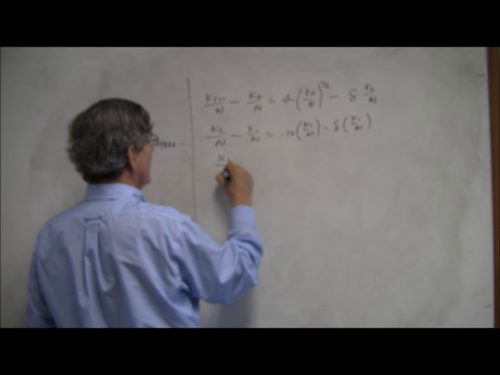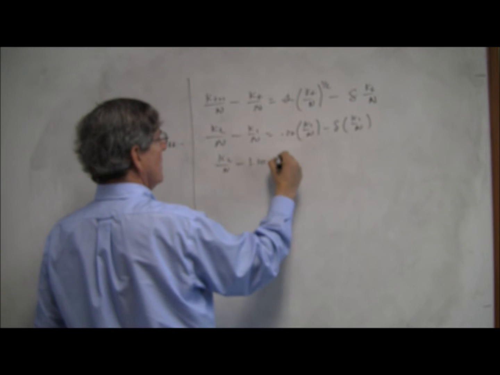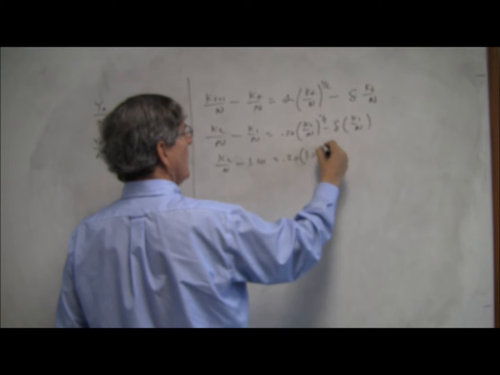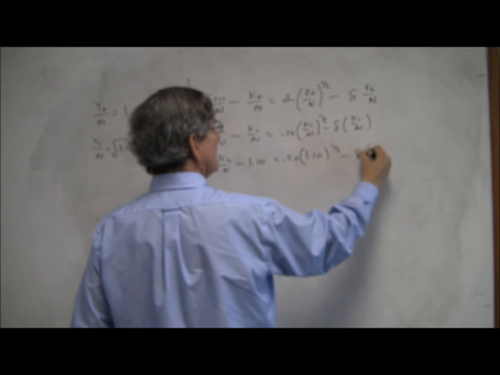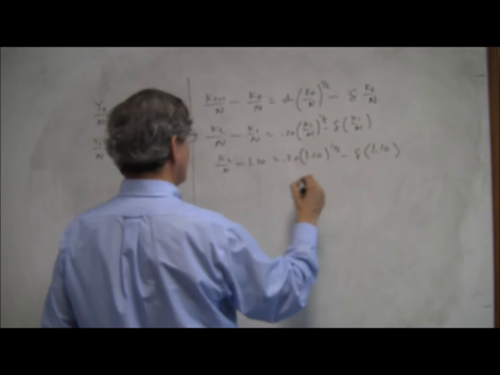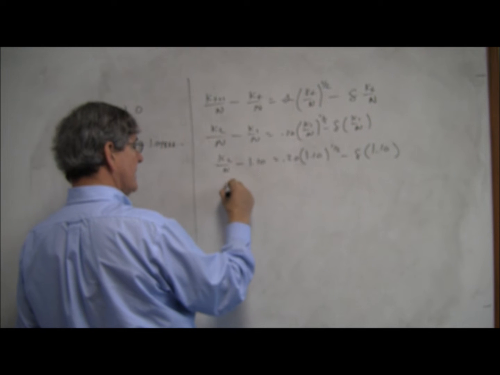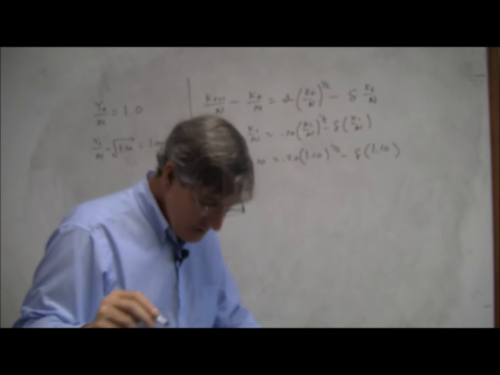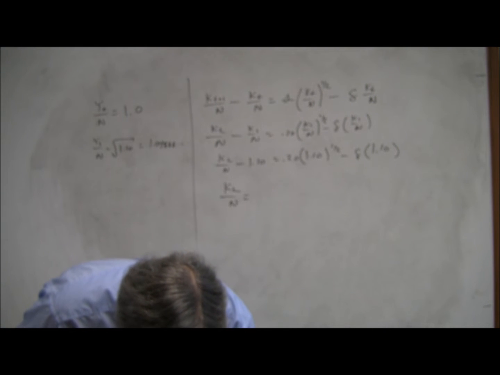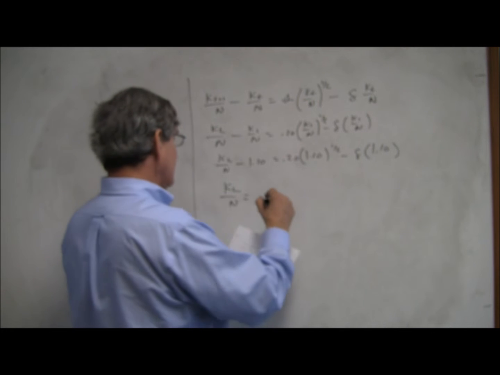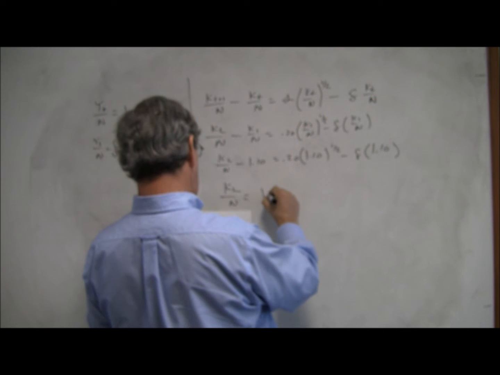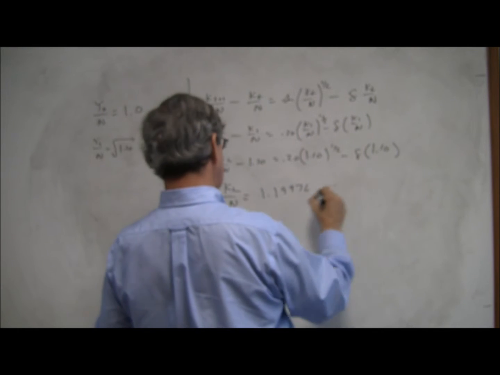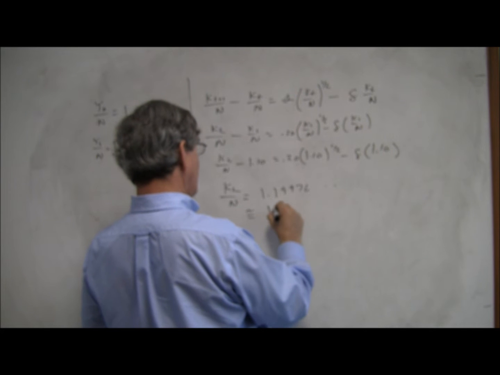So k2 over n minus 1.10 is 0.2 times 1.10 to the 1/2 minus delta times 1.10. And if you solve this, k2 over n will be equal to 1.19976 and some more, approximately 1.20.